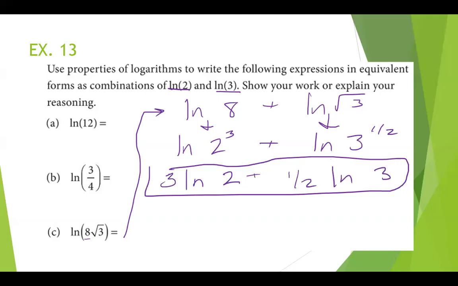Okay? Questions, comments, concerns? Remember, we're not just learning properties and doing nothing with them. We're going to use them. We're going to learn the properties and use them as many ways as possible.